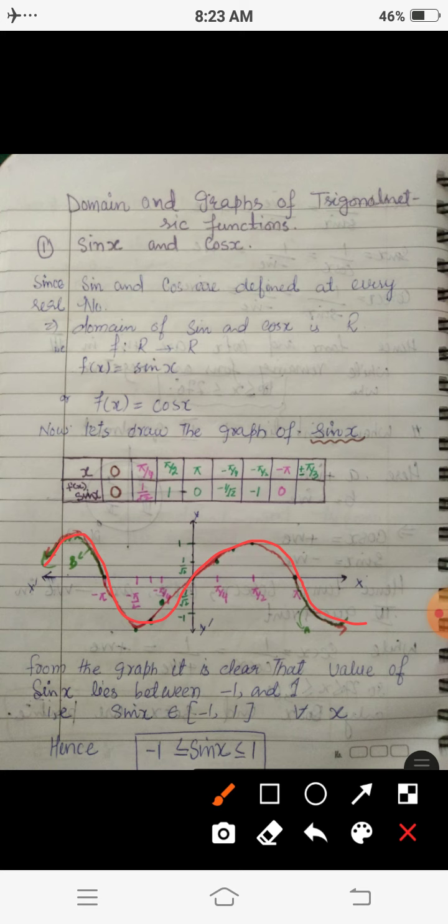So the value of sine x is always in the closed interval -1 to 1, which means we have to consider the end points also, for all x, that is, x belongs to R. Hence the value of sine x is always greater than or equal to -1 and less than or equal to 1. So this is the graph of the sine function.